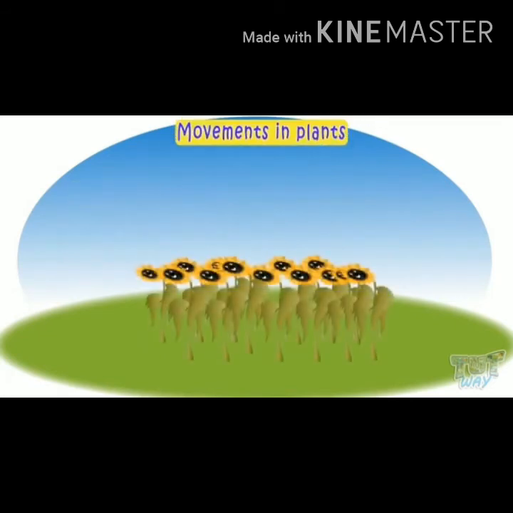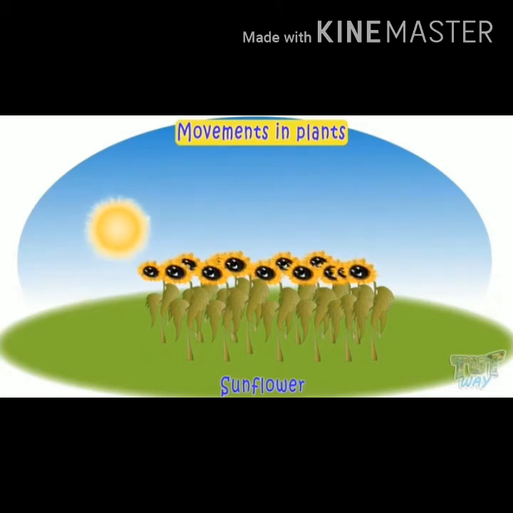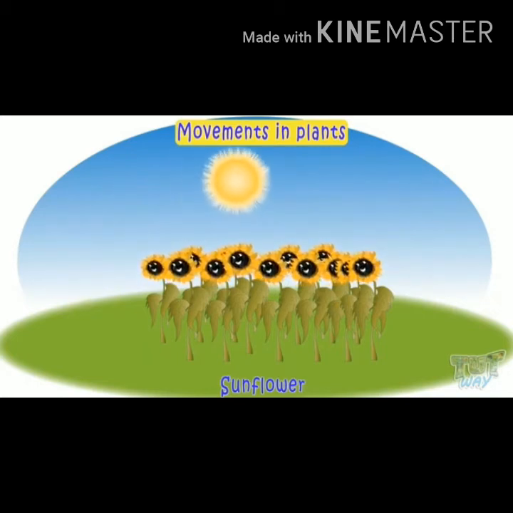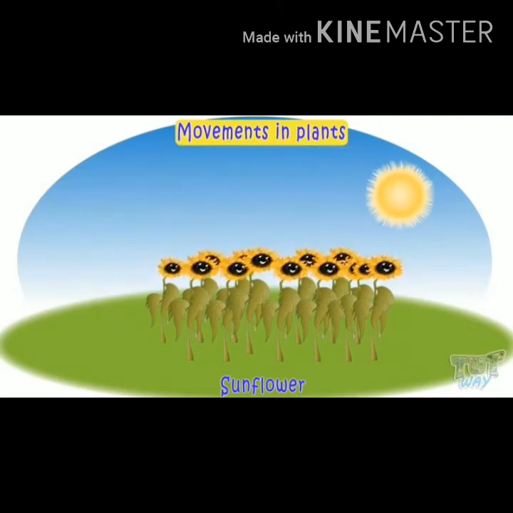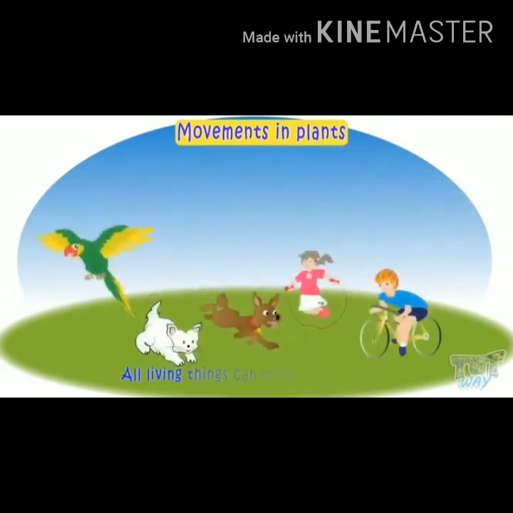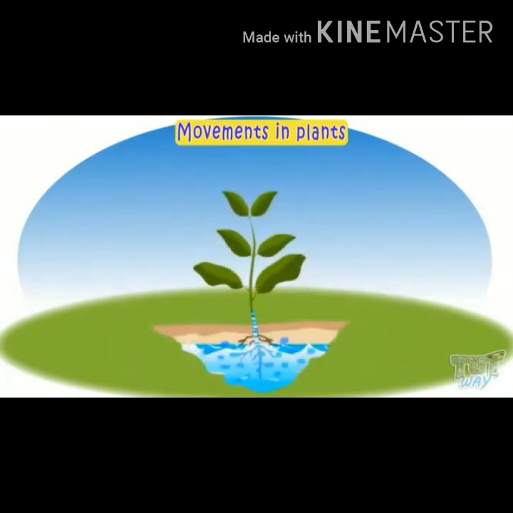Here's another example of movement in plants. In sunflower plants, flowers move with the direction of the sun. Its flowers always face towards the sun. So all living things can move their body or can move things inside them.